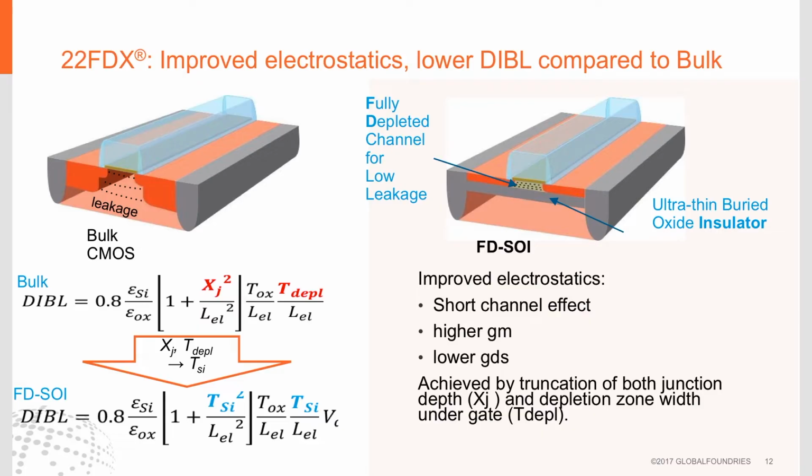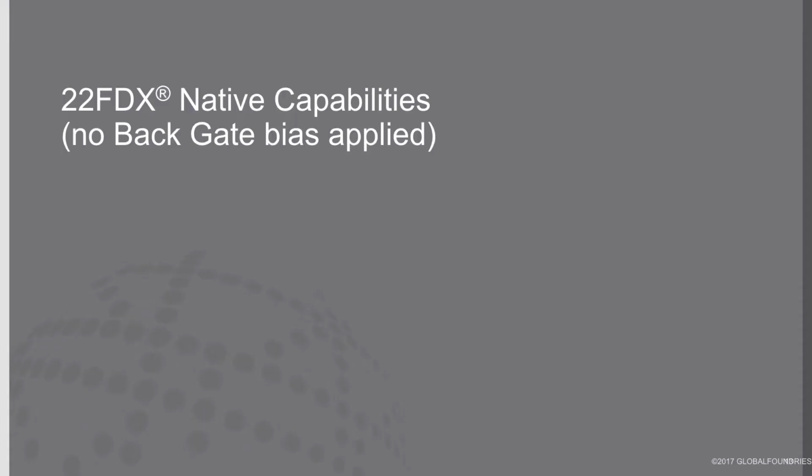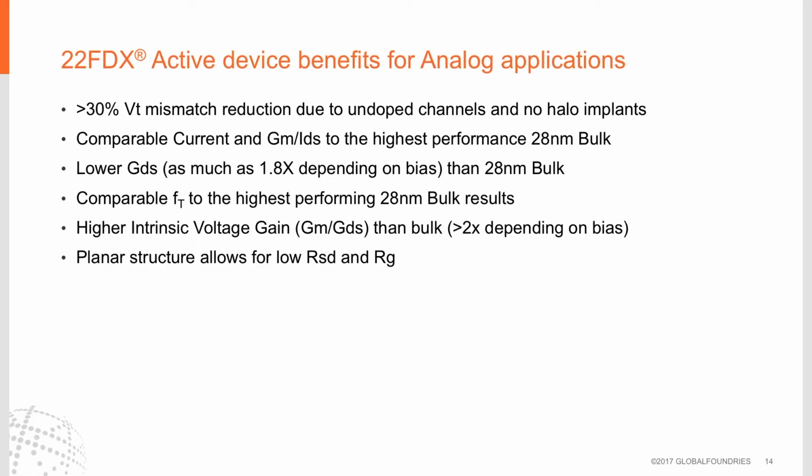So this improves electrostatics, improves short channel effects, gives you higher gm, and lowers gds. In general, you would expect to see a reduction in mismatch due to the undoped channels and no halo implants. And we're seeing a greater than 30% improvement in mismatch reduction.